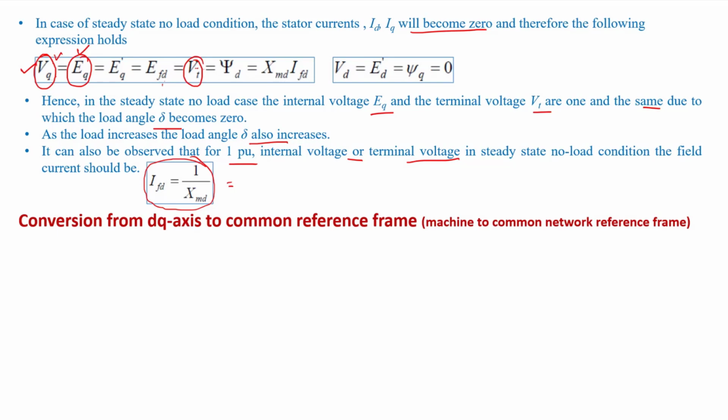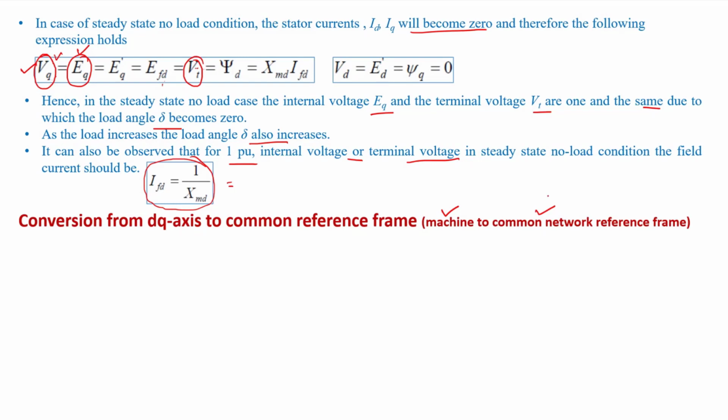Now we'll see the conversion from DQ axis to common reference frame. That means from machine reference frame to common network reference frame. Because whatever we have discussed now is all in the machine reference frame. Whatever DQ axis we have considered is in the machine reference frame. It is not the common reference frame.